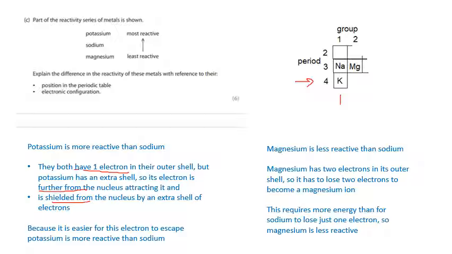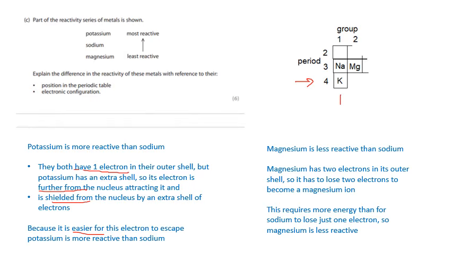So it's easier for this electron to escape, and that's why potassium is more reactive. As you go down group 1, lithium, sodium, potassium, rubidium, cesium, francium, it gets more and more reactive for the same reason.